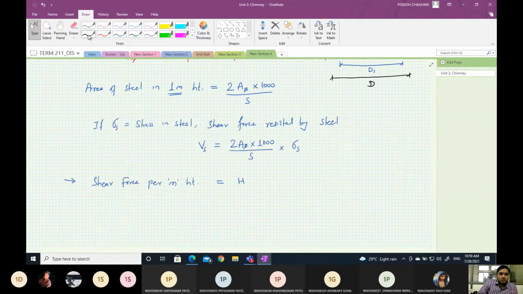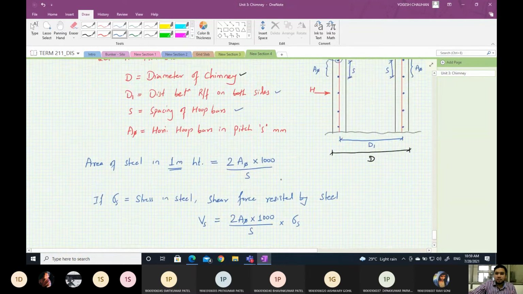So H multiplied by 1000 divided by the lever arm distance. So now if H is the horizontal force, then the shear developed in the bars will be like this.